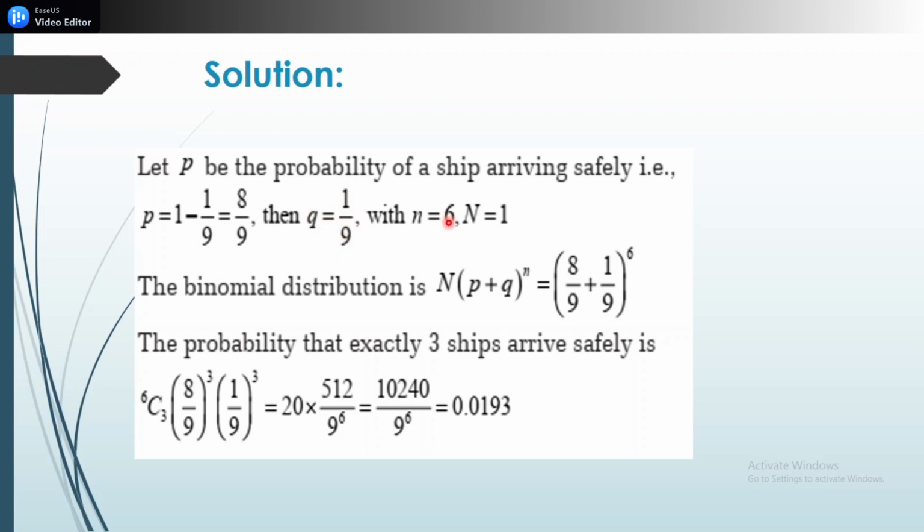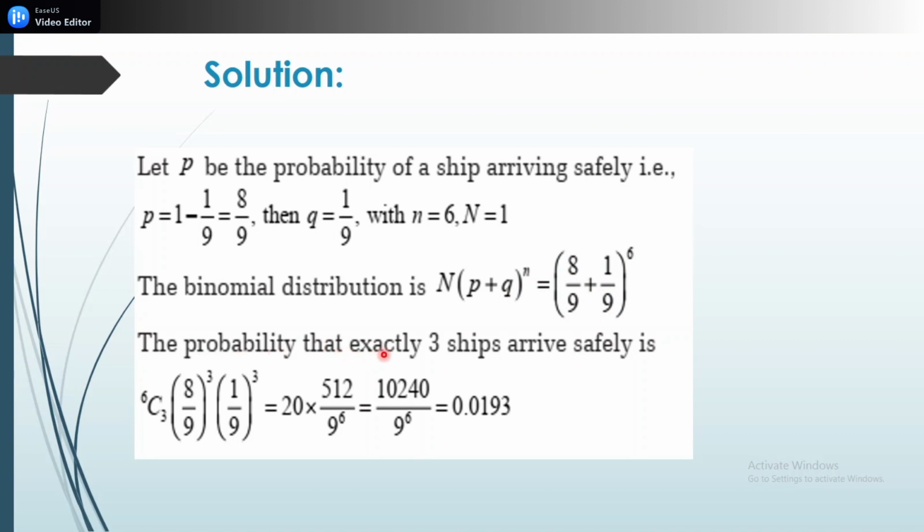The number of trials is equal to 6, the number of sets of ships is equal to 1. The binomial distribution can be written as N times (probability of success plus probability of failure) to the power n. This will give 1 to the power 6, which is equal to 1.